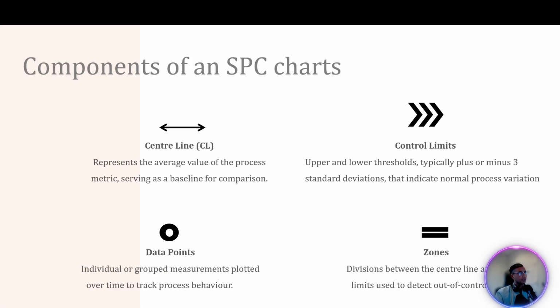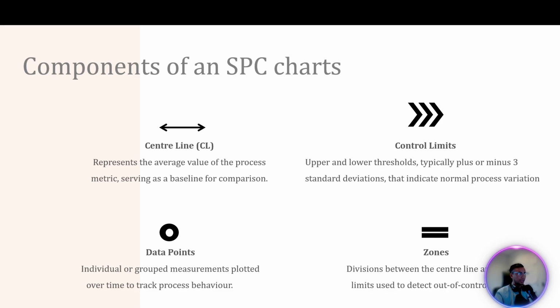Likewise, the components of an SPC chart. While building this statistical process control chart we have to consider different factors, like the center line, which is called the average or mean. Likewise, control limits: there will be two lines, the upper control limit and the lower control limit, to control the process.